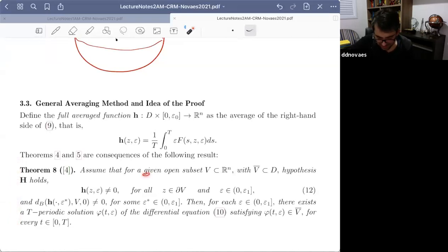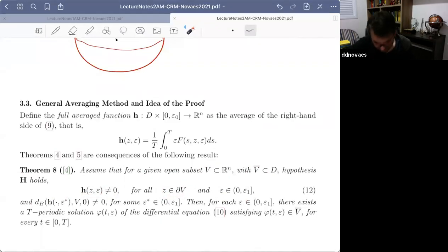Assume that for a given open subset V, such that the closure of V is contained in D, hypothesis H holds, h of z and epsilon is distinct from 0 for every z in the boundary of V and epsilon in (0,1), and that the Brouwer degree of h for some epsilon, V, 0 is distinct from 0.